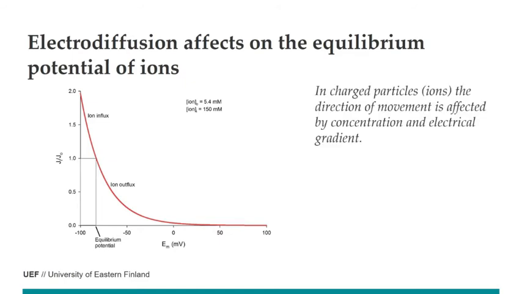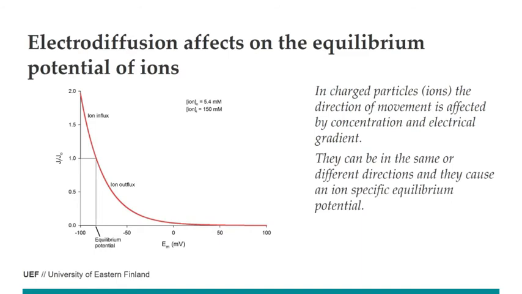So for these charged particles, the direction is affected by both concentration and electrical gradients, and they can be in the same direction or in different directions, and this causes all the ions to have a specific equilibrium potential.